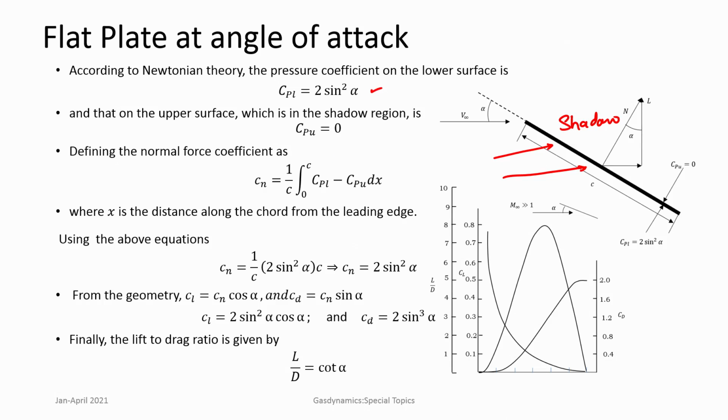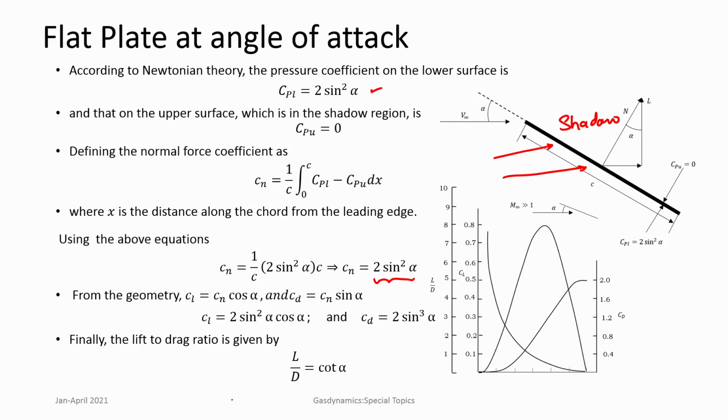Therefore, the normal coefficient of force can be easily calculated. It is nothing but integration of the difference in pressures over the chord. So, Cn becomes 2 sine square alpha. Now lift and drag can be calculated, they are components of this particular normal force. The lift is Cn cos alpha, drag is Cn sin alpha, therefore you get lift and drag of this kind.